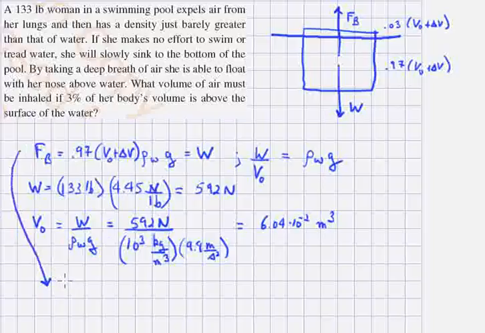And this gives V naught plus delta V is equal to W, 592 newtons, divided by 0.97 times the density of water, 1,000 kilograms per cubic meter, times the acceleration of gravity, 9.8 meters per second squared.